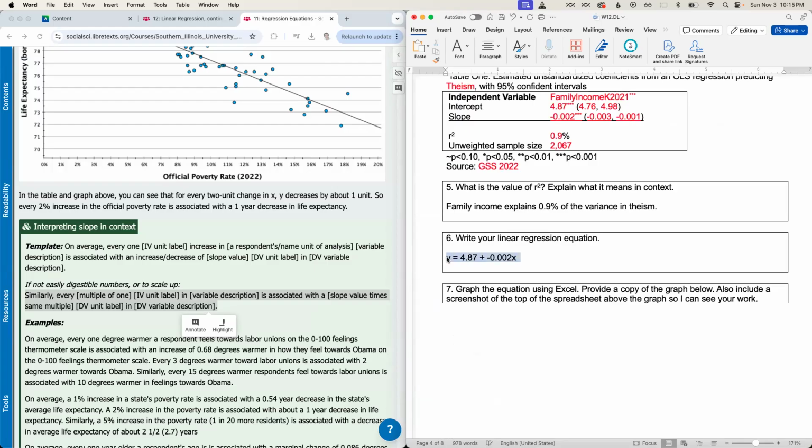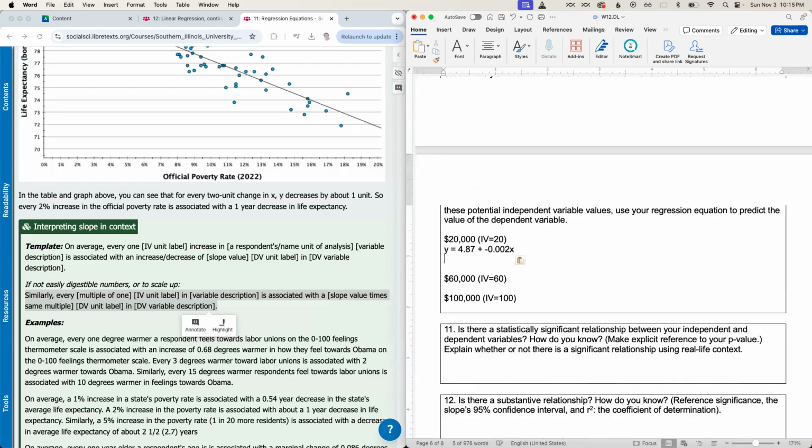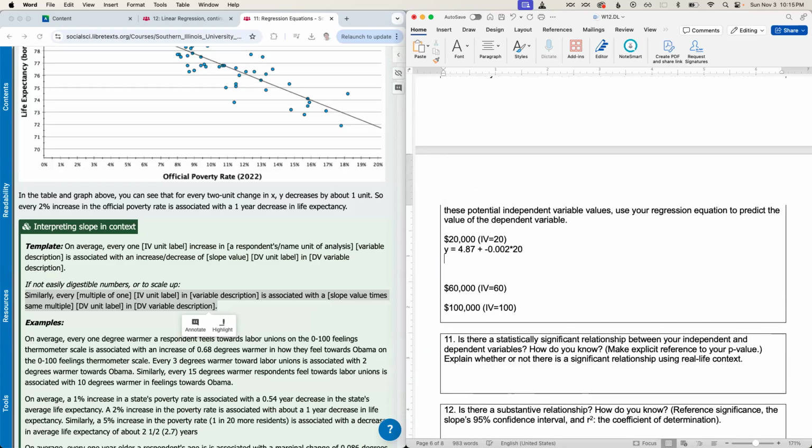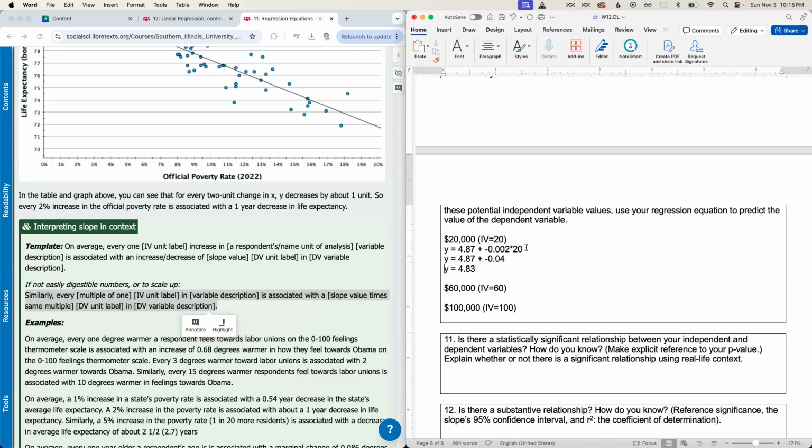One is I can take this actual equation and just plug in my independent variable and solve. So if somebody was making $20,000 as their family income, I would predict they'd be at a 4.83.